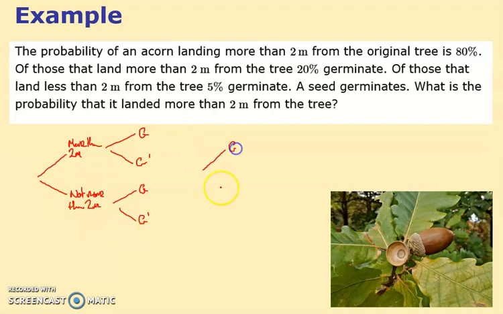It could be they give us information about germinates, then not germinates, and it's more than, and not more than. And to be honest, until you actually read what they tell you, you don't really know which way round this is. So what have they told us? The probability it lands more than 2 meters, I think it's this way round, simply because this is just straightforward.